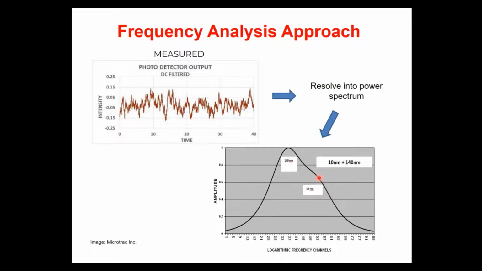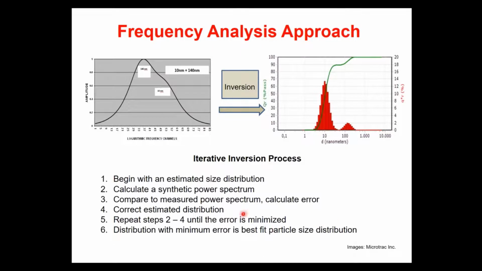And again, like any real system, it's all overlaid on top of each other. Our job now is to determine what particle sizes make up this set of frequency shifts. For this, we're going to use an iterative inversion process, similar to what is used in laser diffraction.